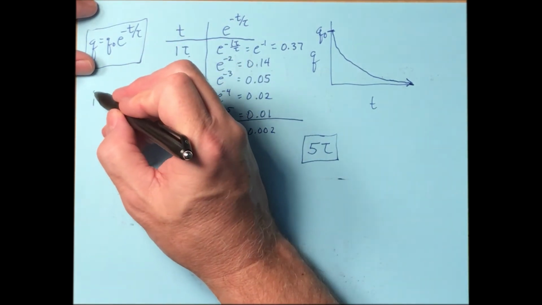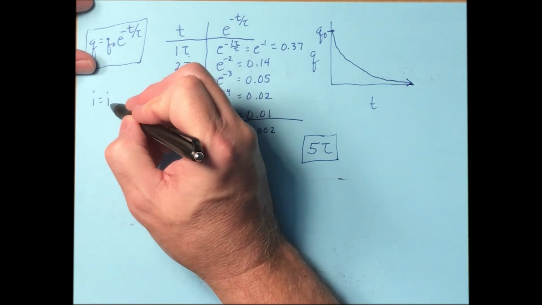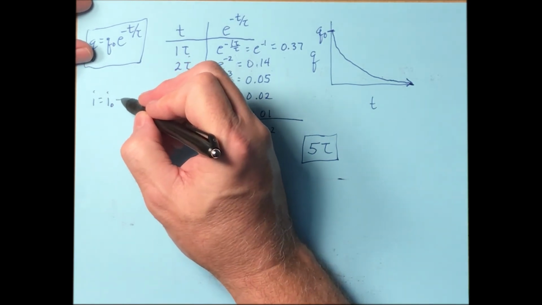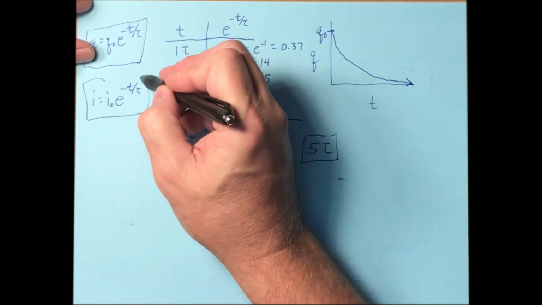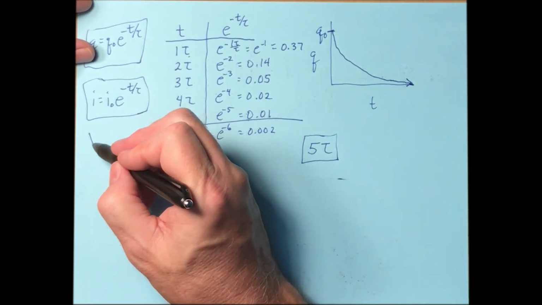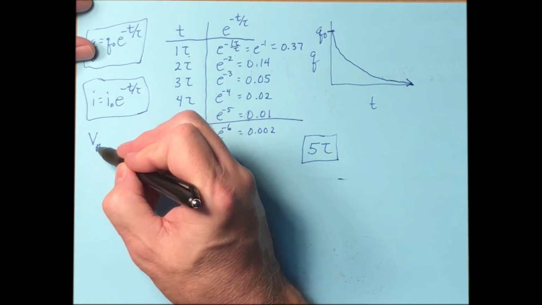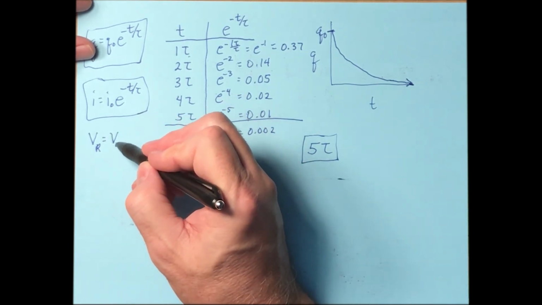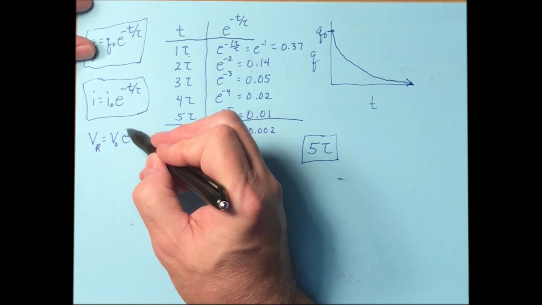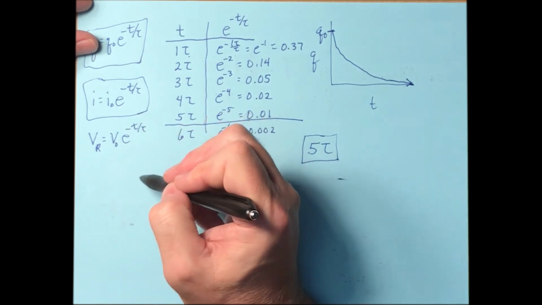And that would be true if we're talking about charge. It would also be true if we're talking about current, because remember, that's some maximum current, e to the negative t over tau. It would be true of voltage. If we looked at the voltage across the resistor, it's going to be some maximum voltage times e to the negative t over tau.